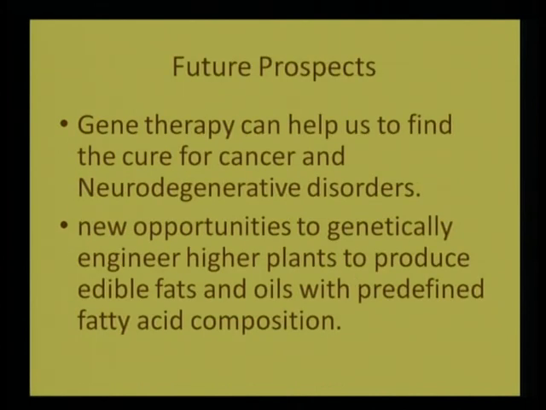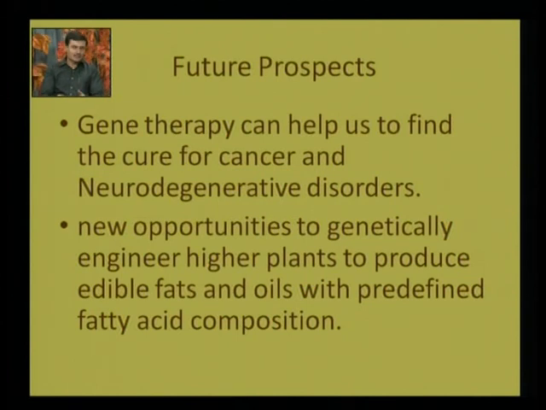Now what might be the future prospects of our technology? This technique can help in the treatment of cancer, or in producing various materials like fats whose exact composition we know, so we are not randomly taking any fats or suffering their harmful effects.